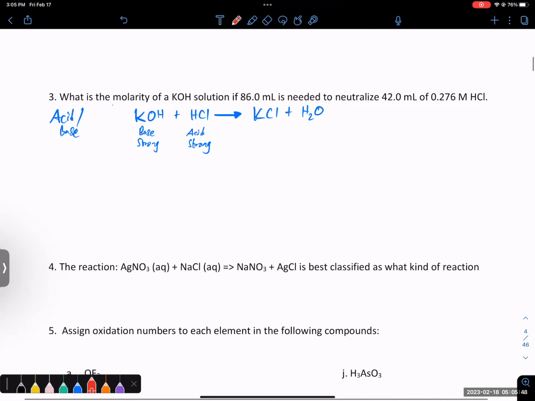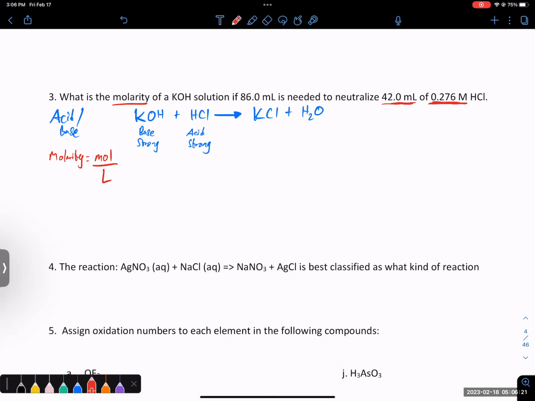So we want the molarity. What's molarity equal to again? Moles per liter. Yeah, sounds about right. And you notice we have some amount of milliliters of HCl, and we have some concentration for HCl.